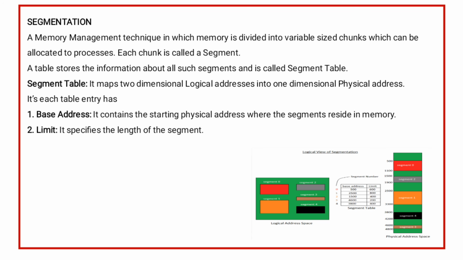Now, what are the advantages of segmentation? The first is no internal fragmentation, and the second benefit is that the segment table consumes less space in comparison to the page table in paging. And what are the drawbacks of segmentation? The drawback is that as processes are loaded and removed from memory, the free memory space is broken into little pieces, causing external fragmentation.